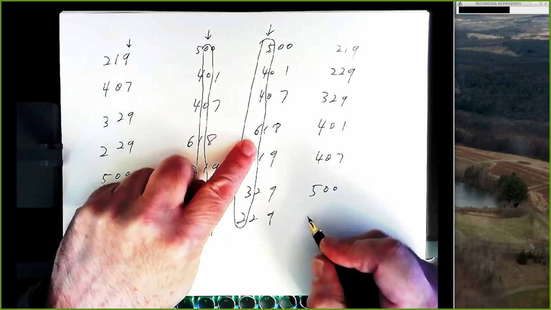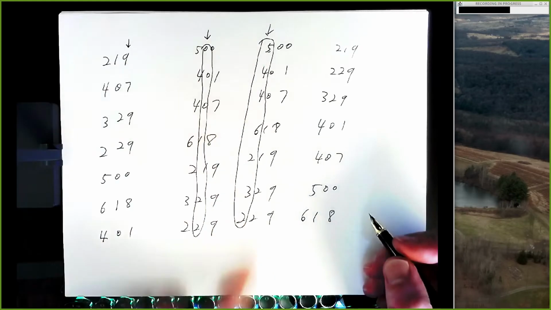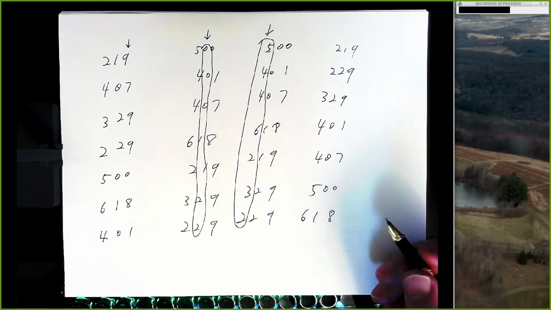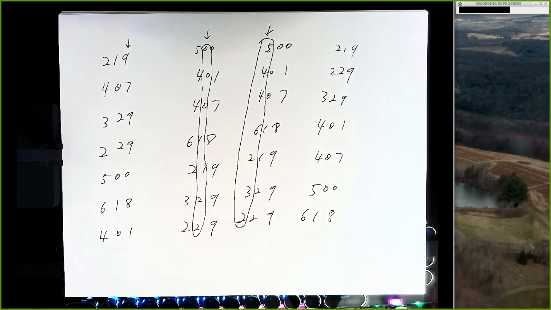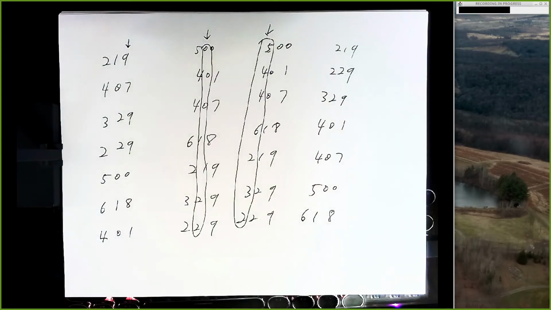Look for any 6s, there's a 618, and there's no 7s, 8s, or 9s. And when we're done, our numbers have been sorted. So that's a radix sort. So, questions about the procedure?